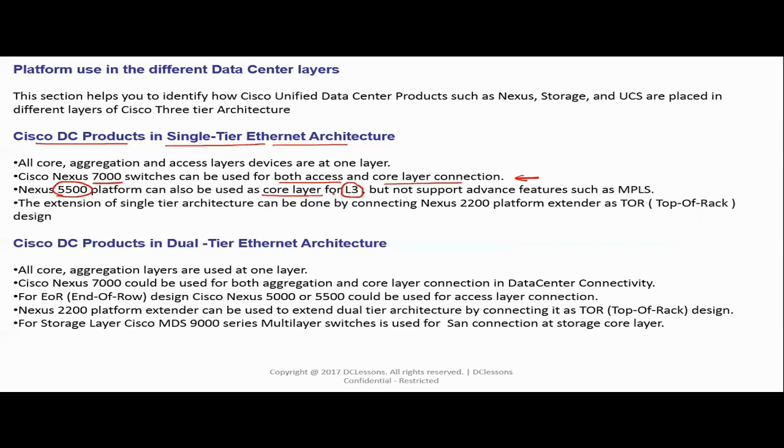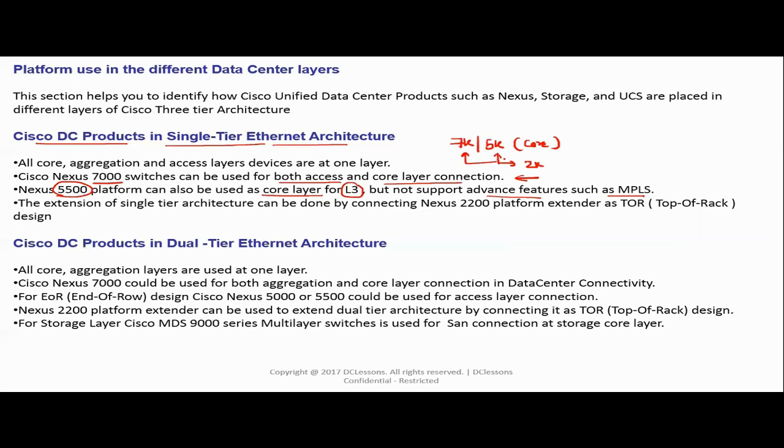But if you do that, it will act as layer 3 but will not support any advanced features like MPLS. Now, if you are using a Nexus 5K or a Nexus 7K as a core layer, and you want an extension of your LAN, you can use 2K either with the help of 7K or with the help of 5K.